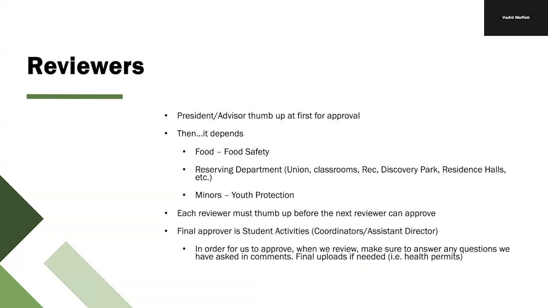Reviewers, this is going to be very, very important. So the president and the advisor thumb up at first for approval. Then it depends on what is needed. If you are requesting food, food safety will have to also thumb up. If you are reserving a department such as a union, classrooms, the rec, Discovery Park, resident halls, etc., then those spaces may have a thumbs up depending on who is tagged.